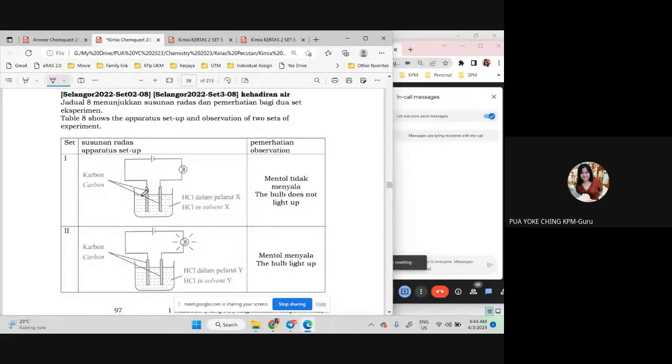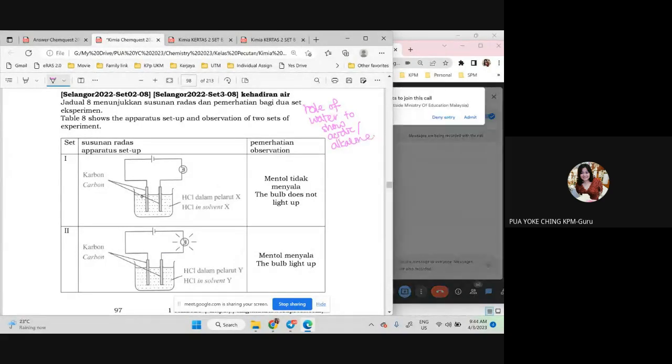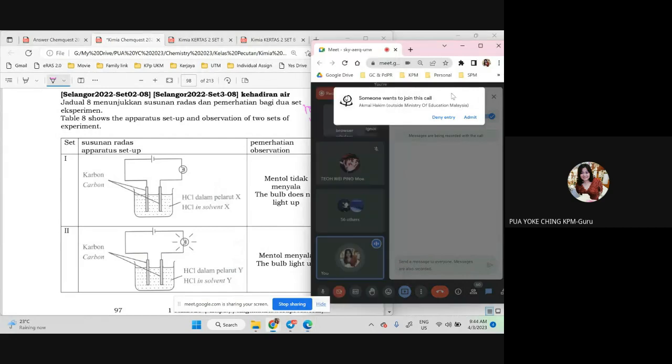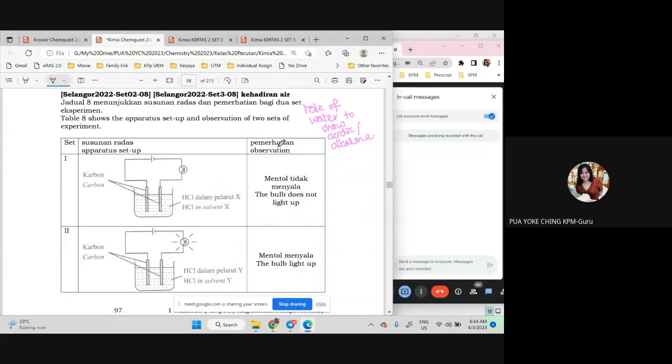Okay, for this one is kehadiran air, means role of water, to show acidic or alkaline properties. So we must remember we must have water so that it will be ionized.